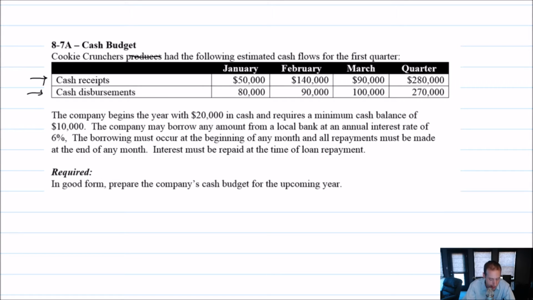They want to have a $10,000 cash balance, kind of a buffer. That might seem big to you or me, but probably that's not that big for a company. The company may borrow any amount from the local bank at an annual interest rate of 6%. The borrowing must occur at the beginning of any month, and all repayments must be made at the end of any month. Interest must be repaid at the time of the loan repayment. In good form, do the cash budget.